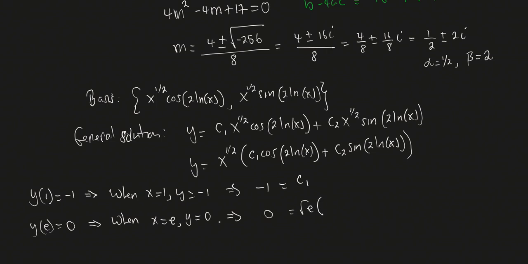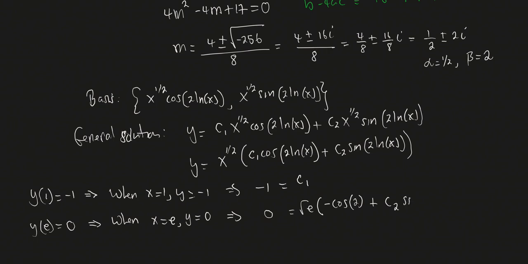I know that c1 is -1, so I'll put that there. So I'll have the negative of the cosine of... Now, the natural log of e is 1. That means I'm going to be left with a 2 inside the cosine function, and then plus c2.